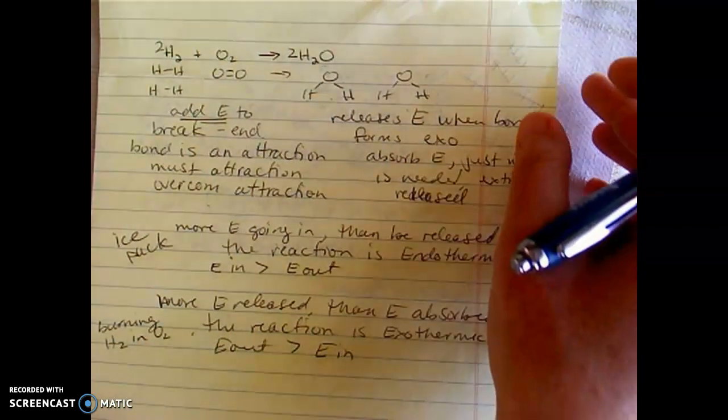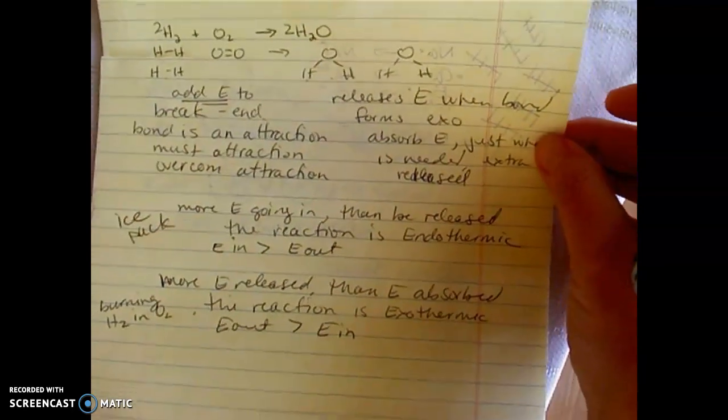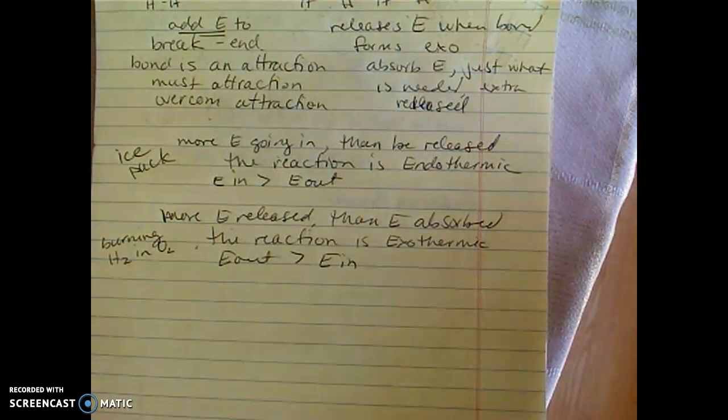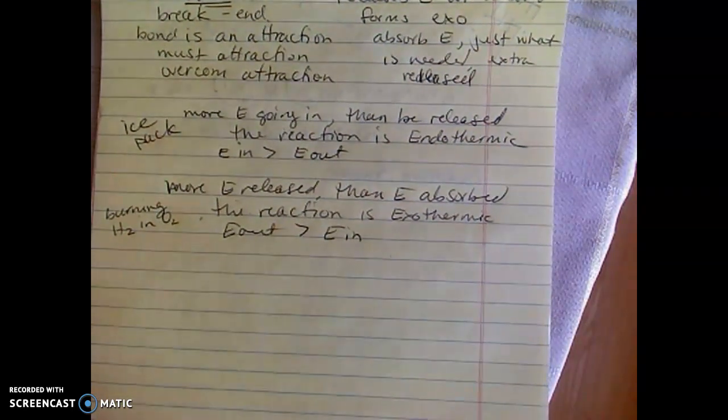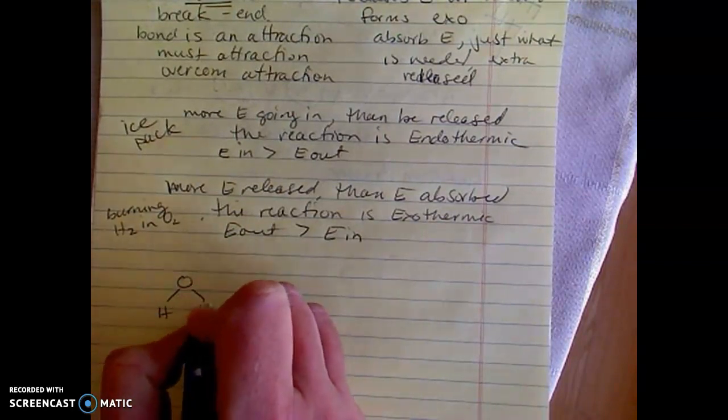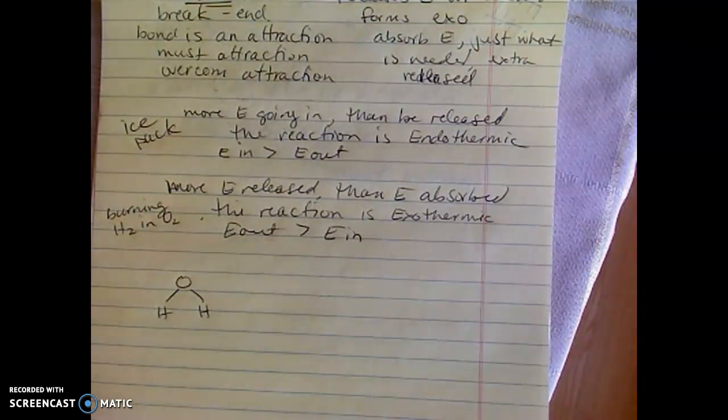Next, we're going to look at bond dissociation energies, the energy it takes to break 1 mole of bonds. It's going to be different for every substance. So let's say we were going to look at water and we wanted to break that apart. Every attraction between different atoms requires a different amount of energy.